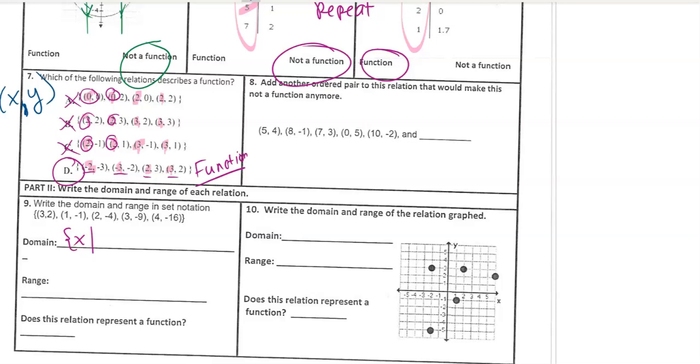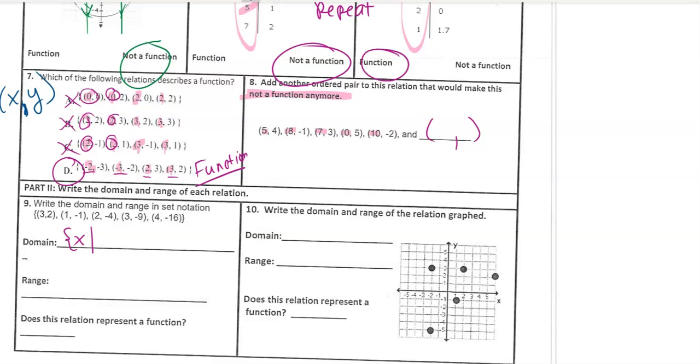All right, for number 8, add another ordered pair to this relation that would make this not a function anymore. So what it's saying is that it's currently a function, and we want to add another ordered pair that would make this not a function. So again, we have 5, 8, 7, 0, and 10.